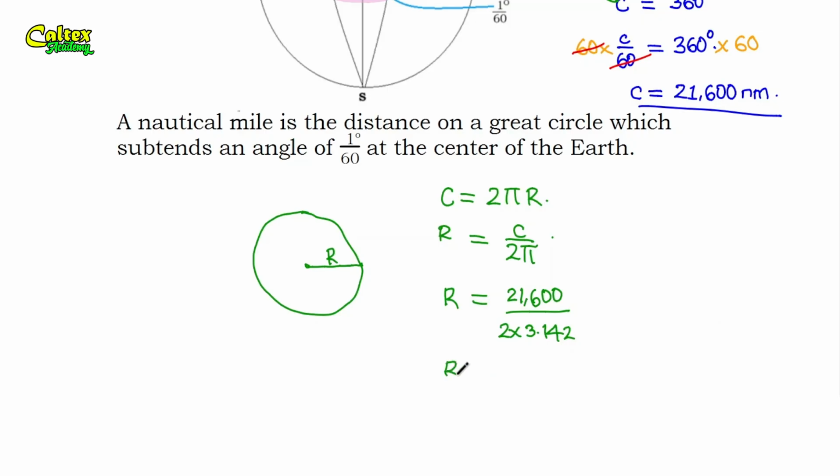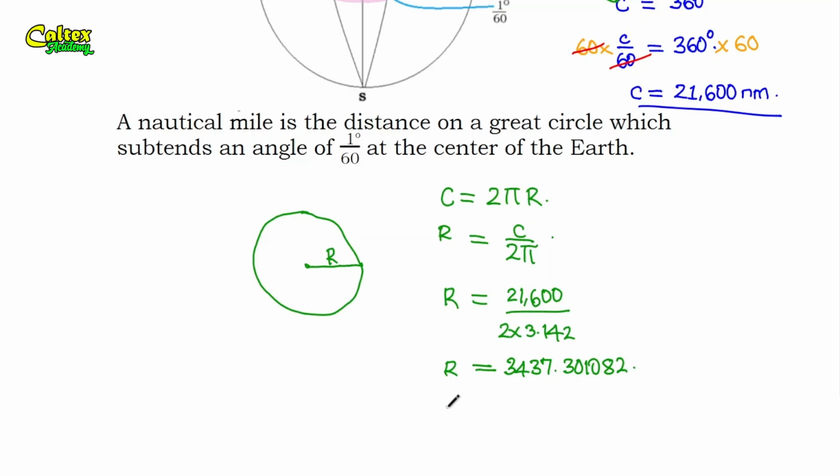Now our radius of the Earth in that great circle is given by, when you divide this number, a result of 3,437.301082.